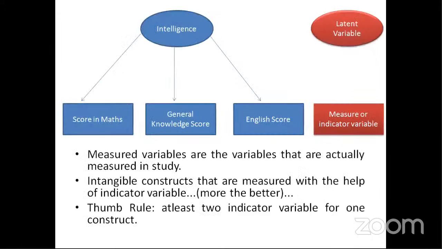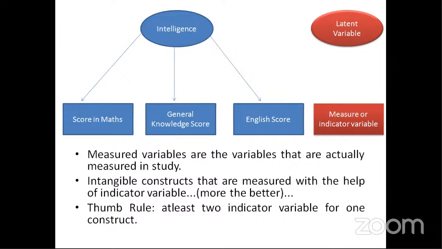Now I want to capture the intelligence of students. I cannot ask the child whether they are intelligent or not, and therefore I'll be using some surrogate variables: what is your score in English, what is your general knowledge score, what is your score in maths. The things which are represented in an oval are known as latent variables, and those represented in a square box are known as indicator variables or measured variables.